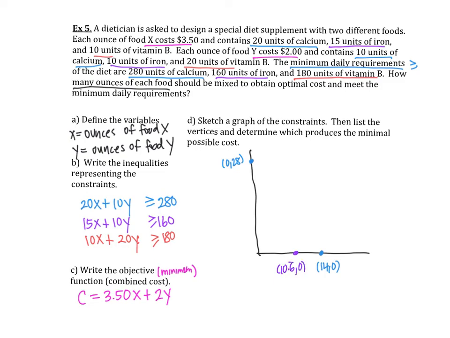And then for my y-intercept, 10y equals 160, so y is 16, and I'm just going to guess about where 16 is relative to the other things. And I forgot to draw my line. Here's my blue line. Then for my red function, 10x equals 180, so x is 18 for the x-intercept. 20y equals 180 tells me the y-intercept is 9, which is kind of low.